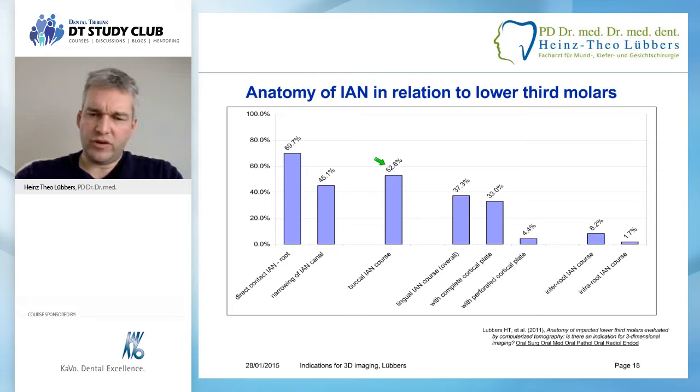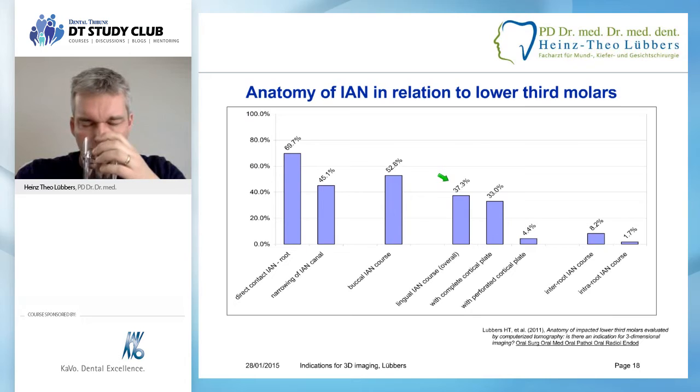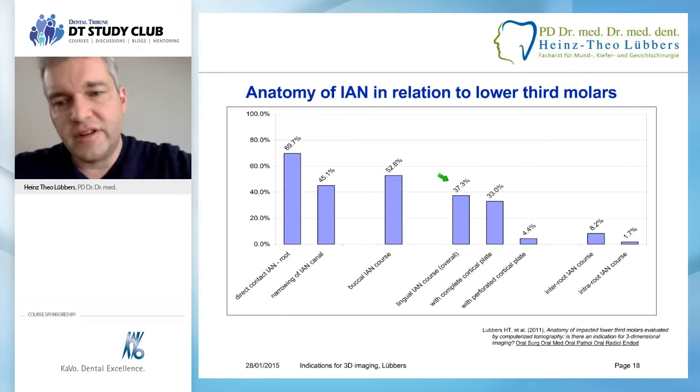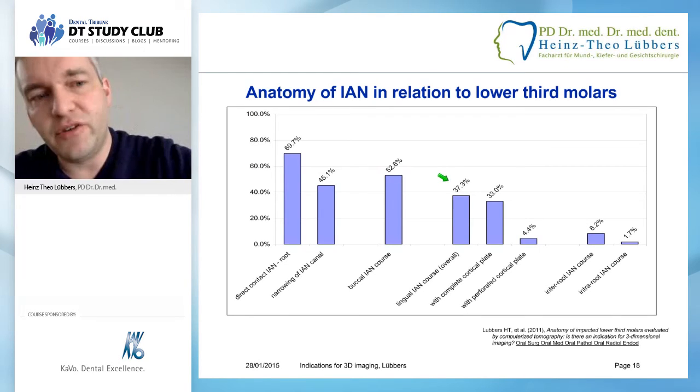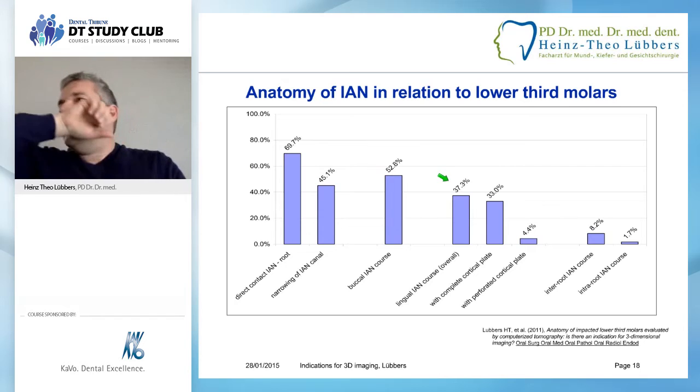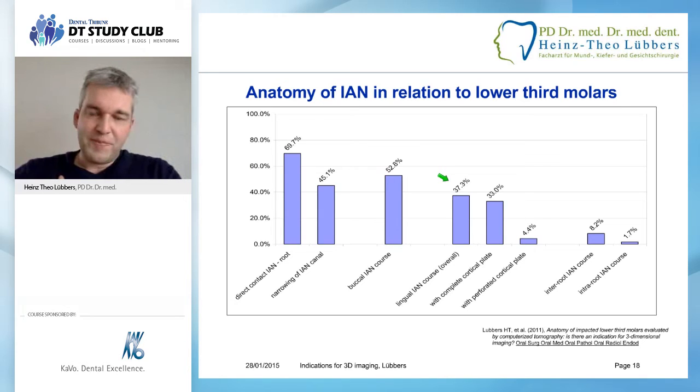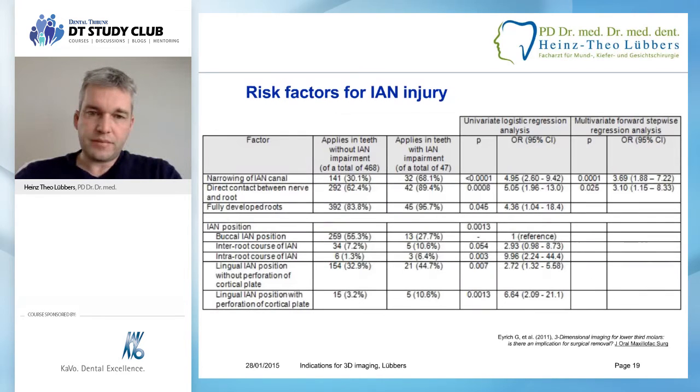I think it's about 800 or so teeth in here. But 37%, almost half of it, are on the lingual side. And even 10% are between the roots, or even through a root. That's quite a high rate of this critical situation.